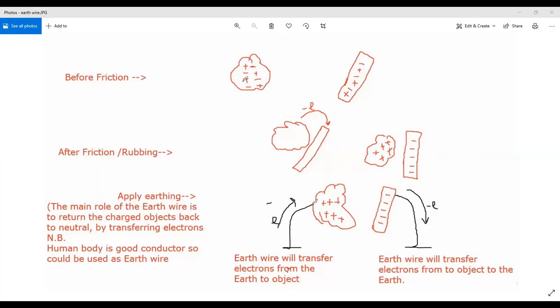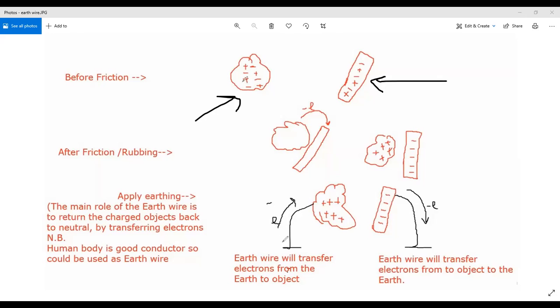If we connected an earth wire, what will happen? The main job of the earthing wire is to return to the substance its neutrality, so it becomes like this again, by transferring electrons.